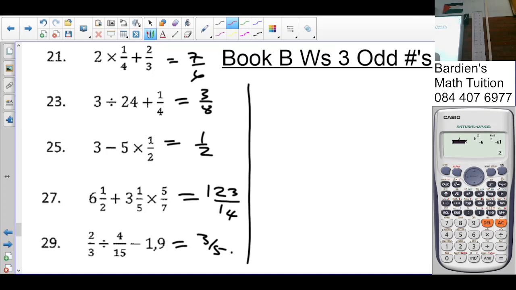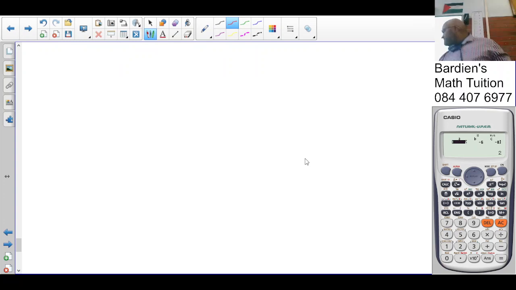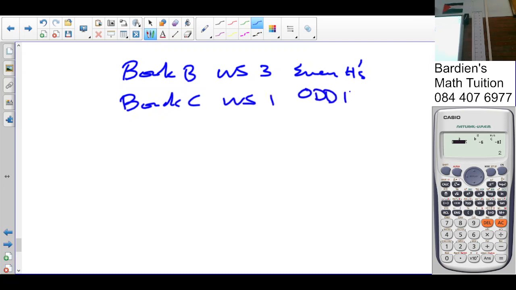Okay. For homework, I want you guys to do BODMAS, Book B, Worksheet 3, even numbers. We just marked the odd numbers now. Can you do for me Book C, Worksheet 1, the odd numbers.